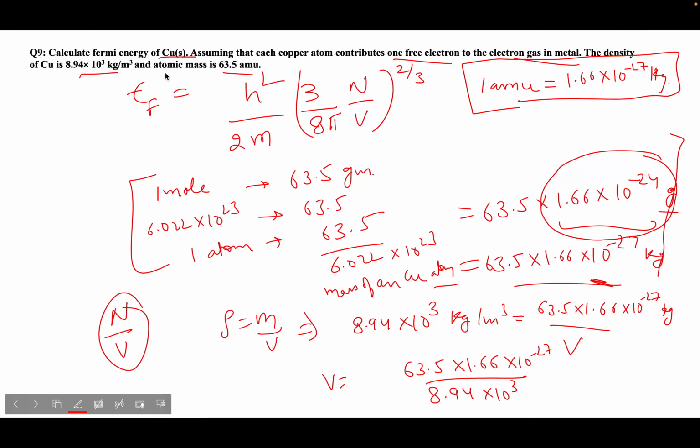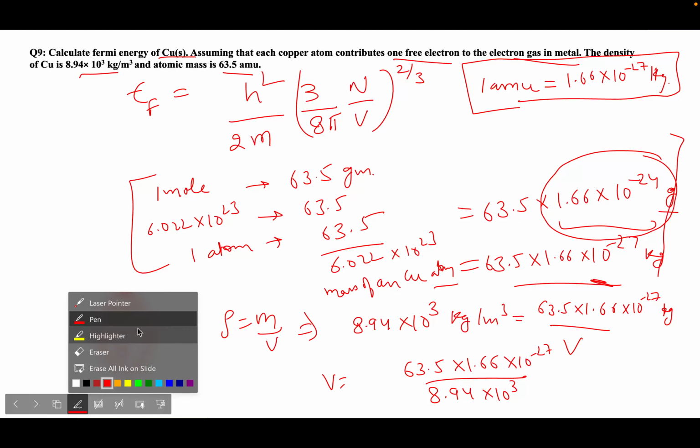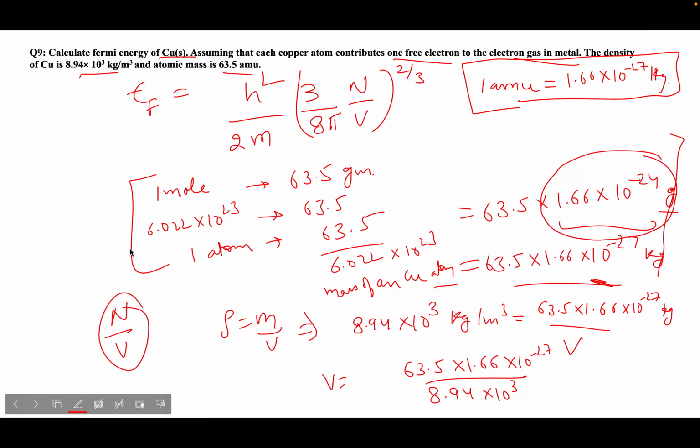Give me a minute. I need to calculate this N by V. The problem says to assume that each copper atom contributes 1 electron, and to calculate the Fermi energy of solid copper.